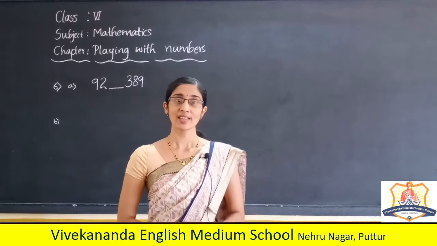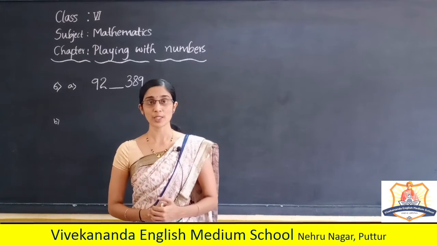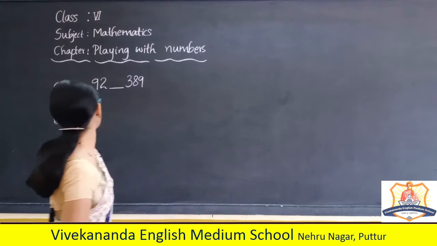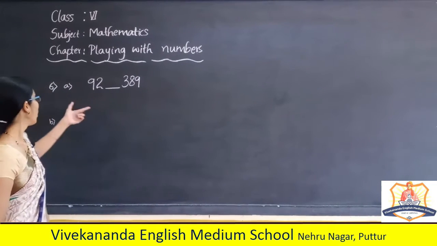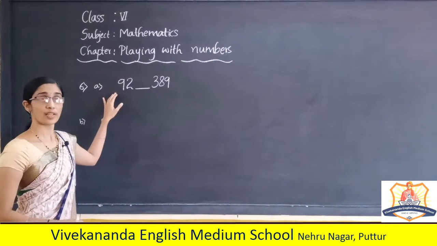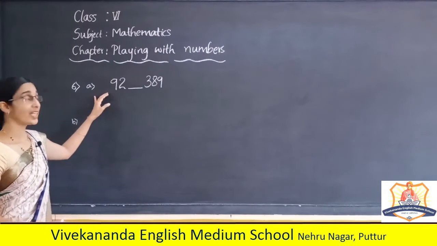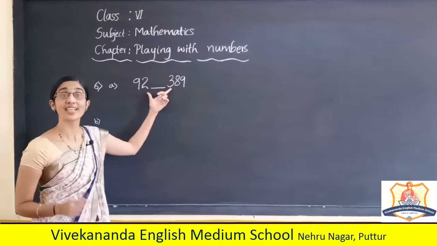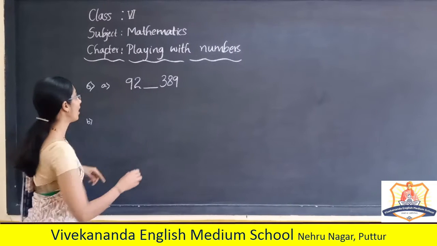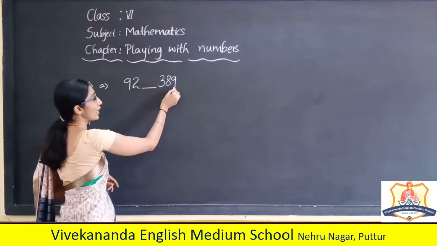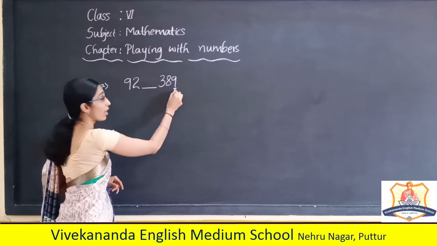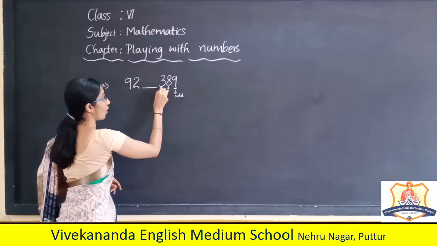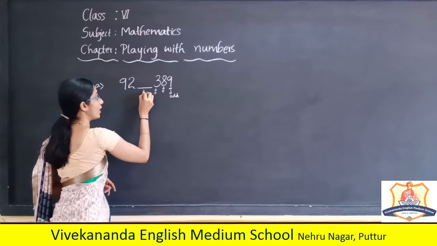In our last class, we were solving some exercise problems of exercise 3.3, right? The last problem, let us see now. What is the question they have given in the textbook, children? We need to find out the number which is divisible by 11. Here this is odd place, even place, odd place, even place.